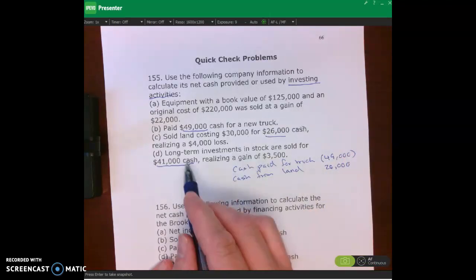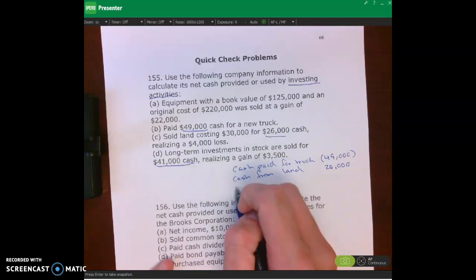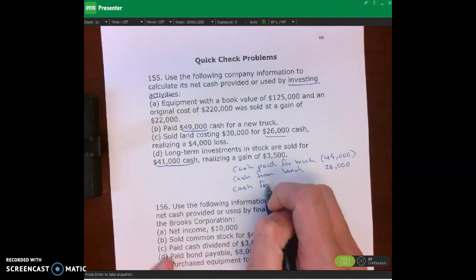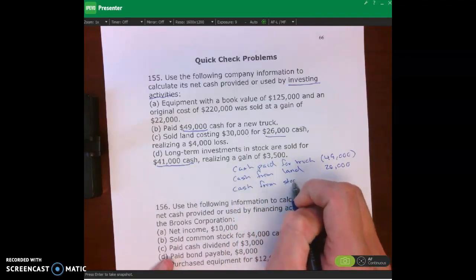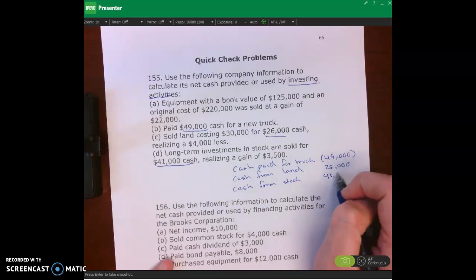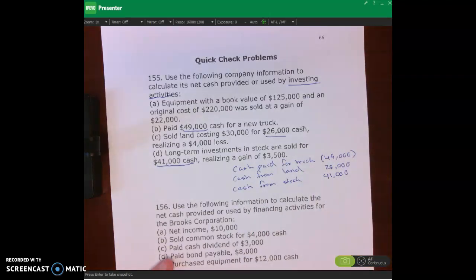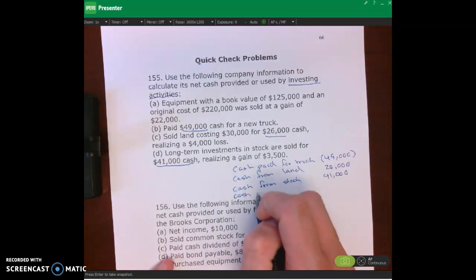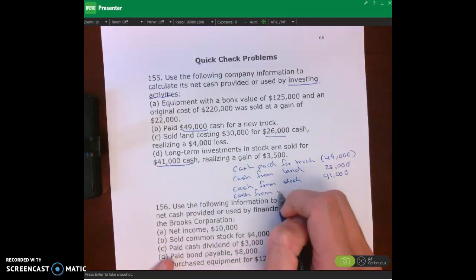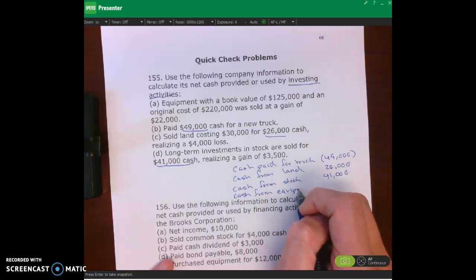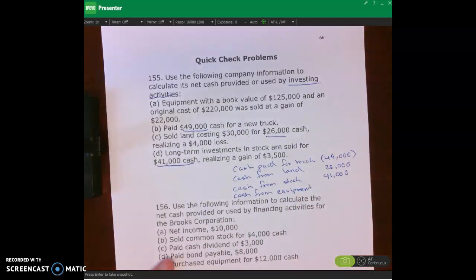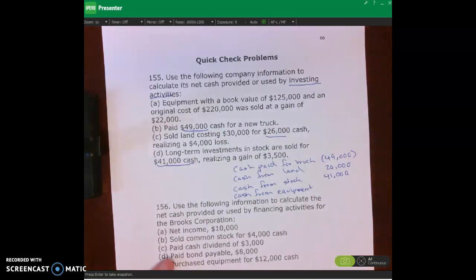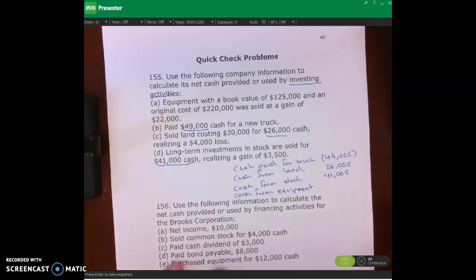Long-term investments in stock are sold for $41,000. So cash from stock, $41,000. And so what I need to know is part A, cash from equipment. Now I'm not given that, but I can figure it out. So give me a second, I'm going to turn the page over.